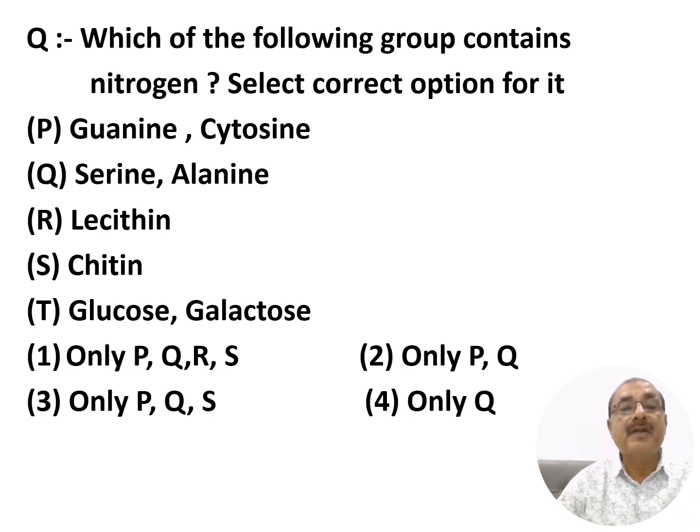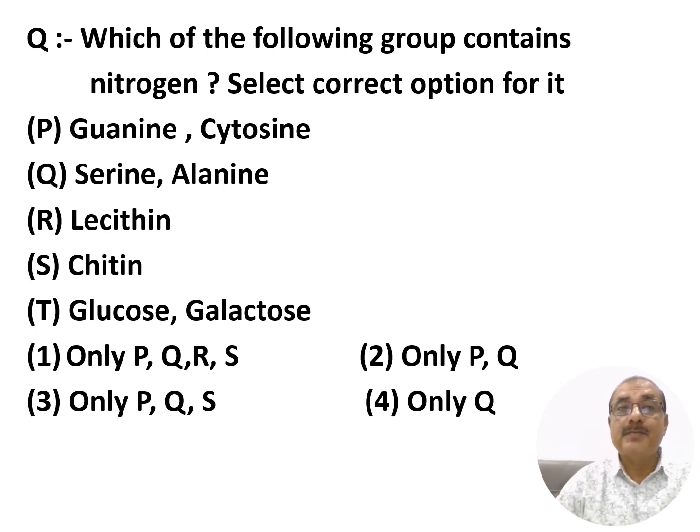Now, which group contains nitrogen? Let us see. P, guanine, cytosine, those are nitrogen bases, so obviously they contain nitrogen. Q, serine, alanine, both are amino acids, so an amino group is present, both have nitrogen. Now R, lecithin.